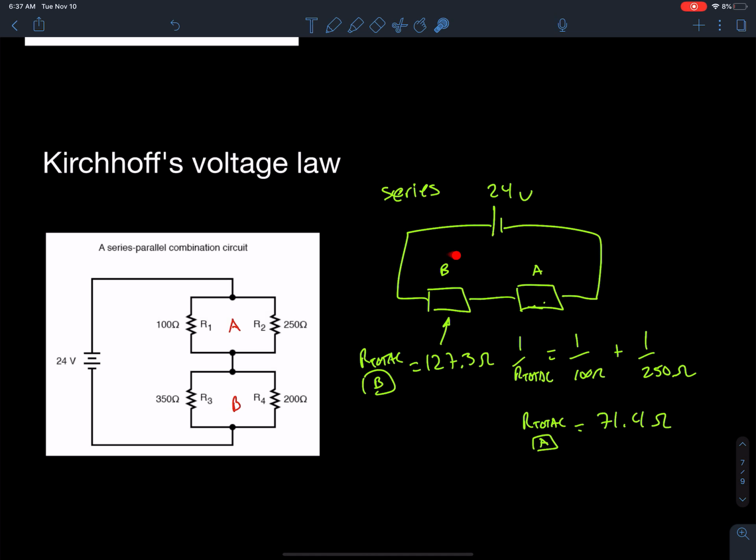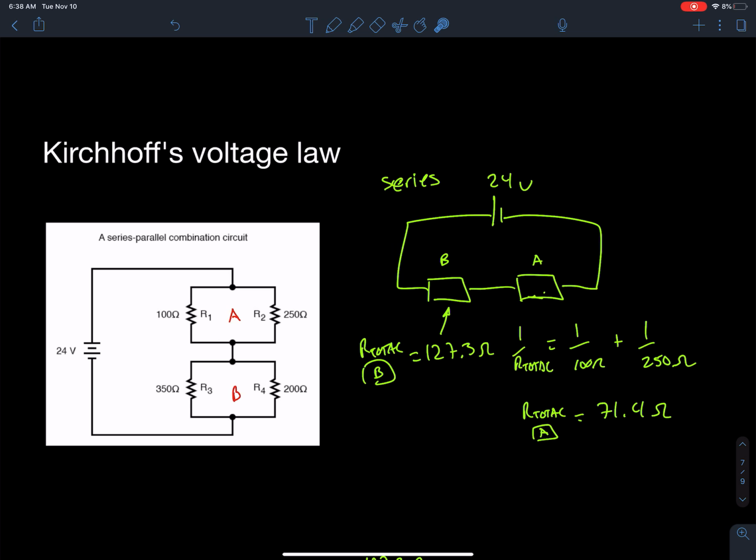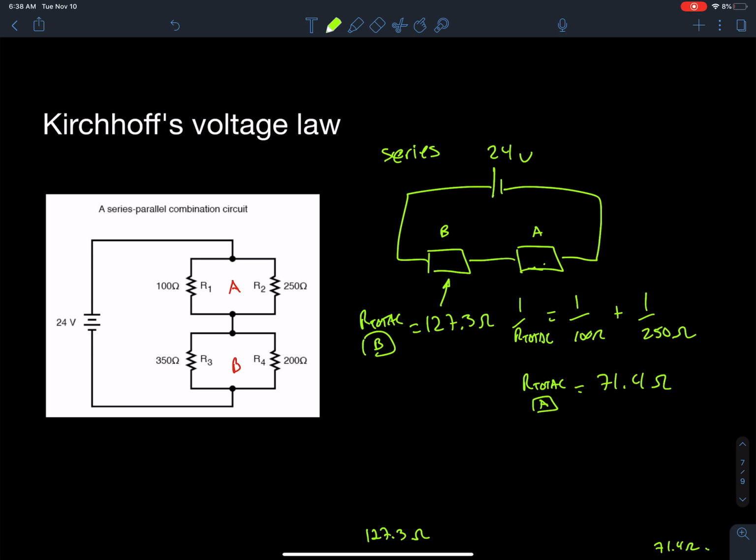So I'm expecting a larger potential drop across there than I will over here. So how would we calculate the potential drop across here? If you go back to the previous video, I created a simple formula for that, where the voltage drop is going to be equal to the original voltage times the resistance over R total. So that fraction of the total resistance.